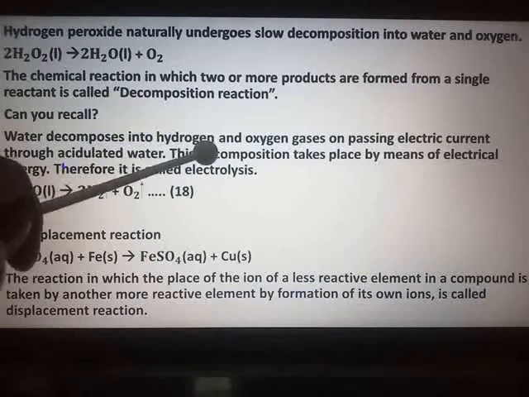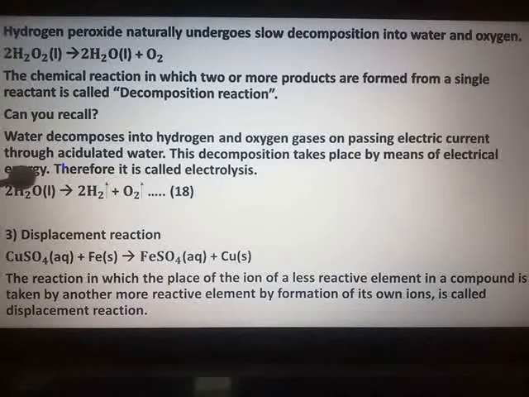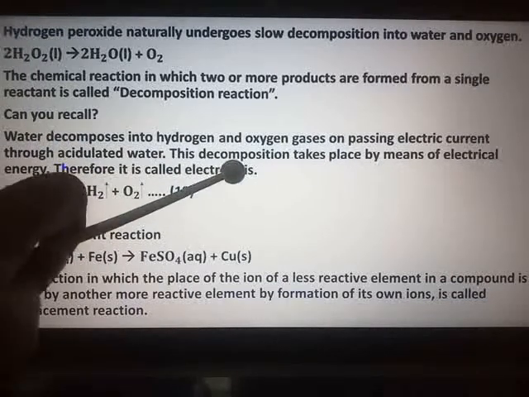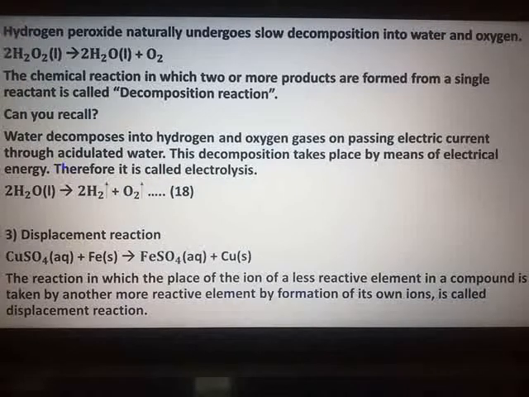So this breaking down, or this decomposition, takes place by means of electrical energy, and it is called electrolysis. You have studied about electrolysis in chapter number 5 in the 9th standard, acids, bases and salts. So such a type of decomposition is called electrolytic decomposition. This is the reaction, water getting decomposed into hydrogen and oxygen gases.